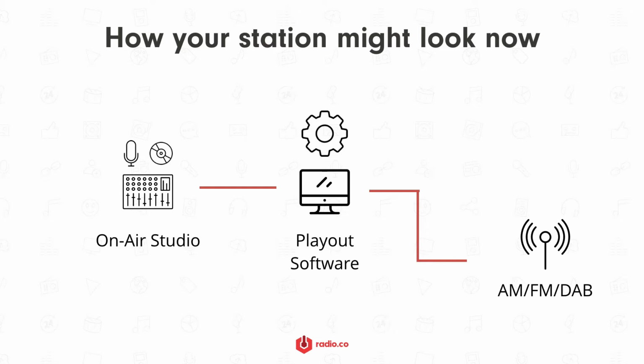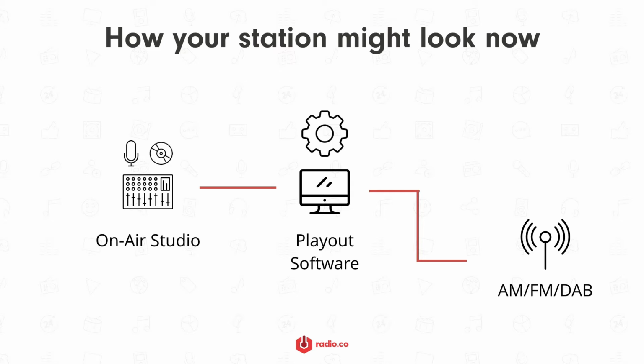Normally your output is going to be transmitted via a transmitter, via a mast somewhere. This might be on your site, it might be somewhere up on the side of a hill, doesn't really matter. The point is, you've got the feed going from your studio out to the world or the local area via a radio transmitter.